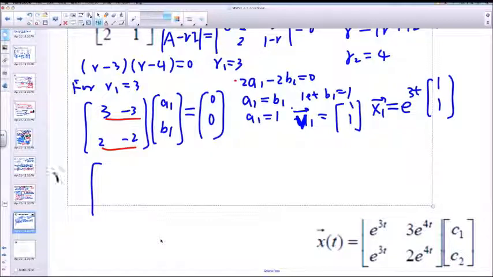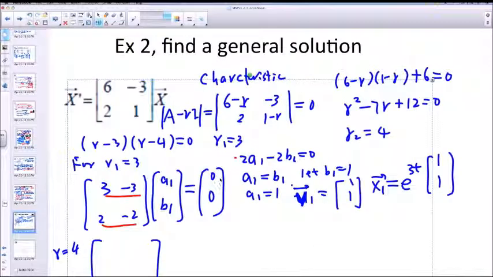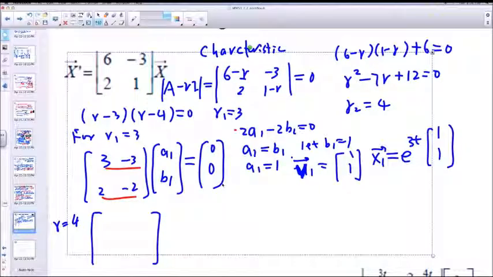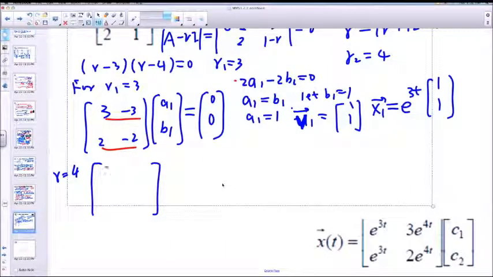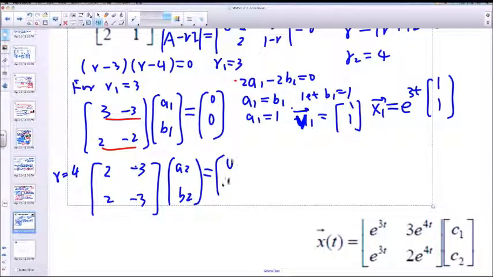you put R equal 4, what you get is 3 minus 4, that's 2, negative 3, 2, negative 3. And then you get the same equation, 2A2 equals 3B2.